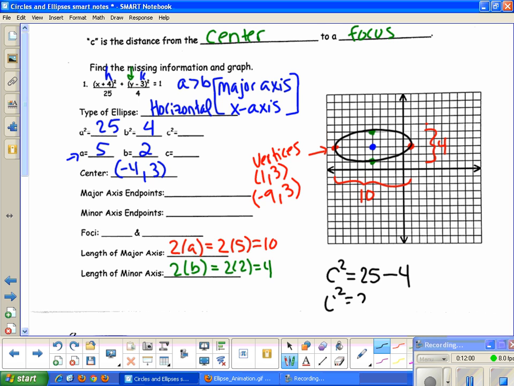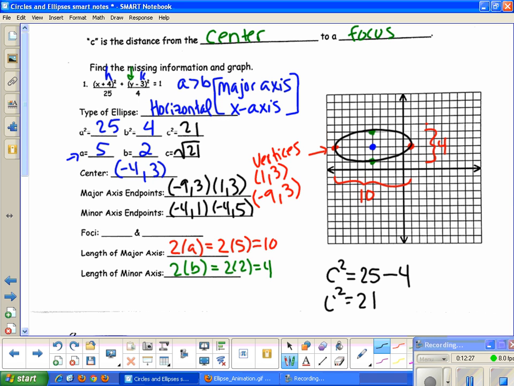So C squared is equal to 21. And that means C is equal to the square root of 21. So the major axis endpoints we already wrote down, which were at negative 9, 3, and 1, 3. The minor axis endpoints were at negative 4, 1, and negative 4, 5. And you can just count on your graph.